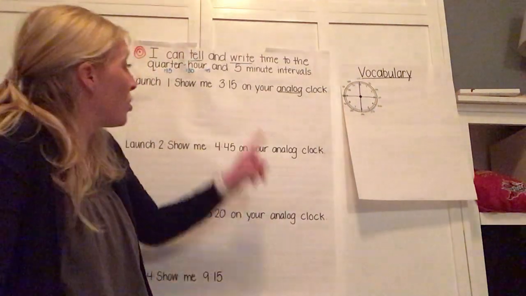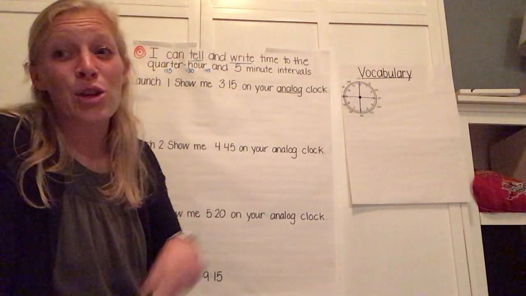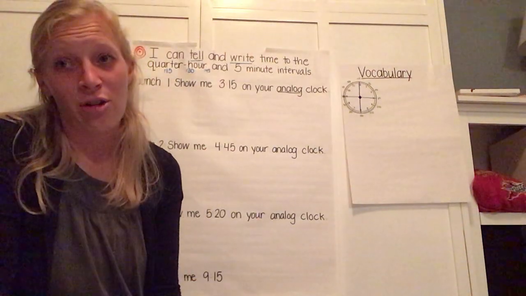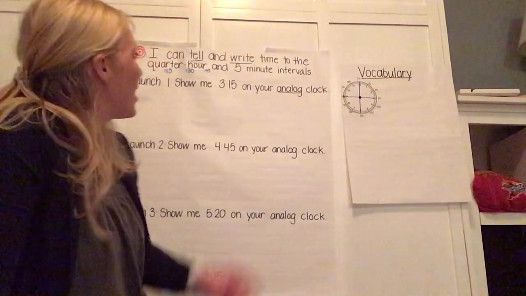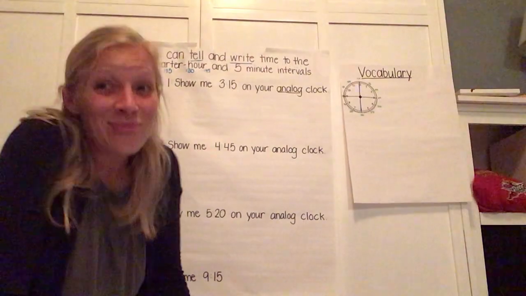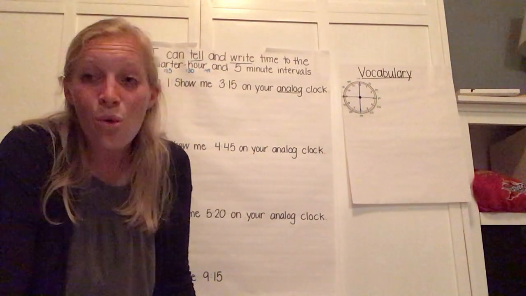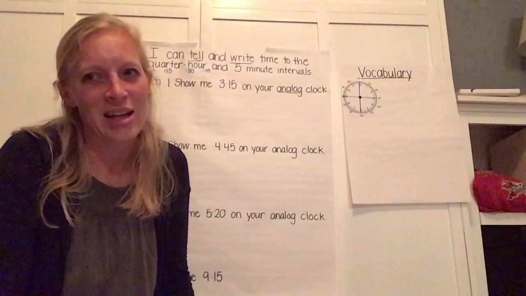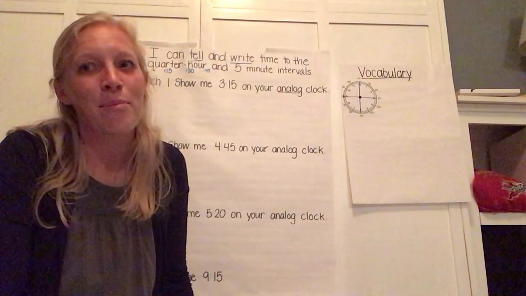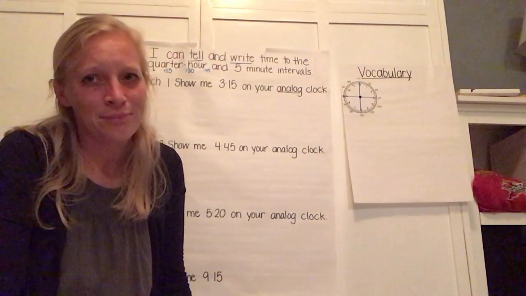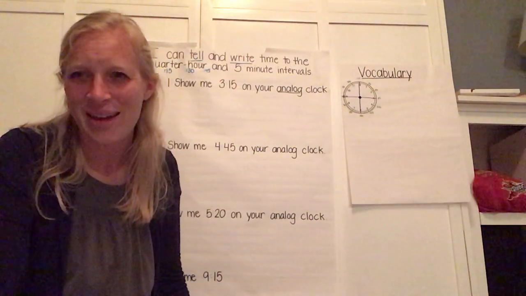I've actually shown you this time, and you've put it on your clock before. When it says I can tell and write time, that's what we're going to be doing. You're going to write the digital time, or you're going to show me your analog time on your clock that matches the time that I show you. We got this, don't we?